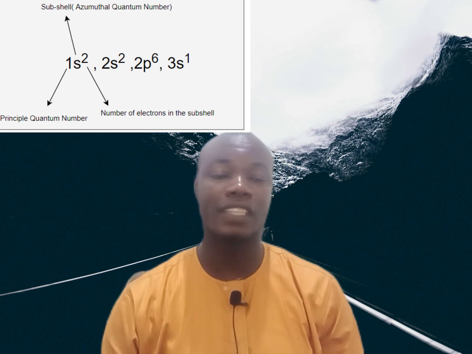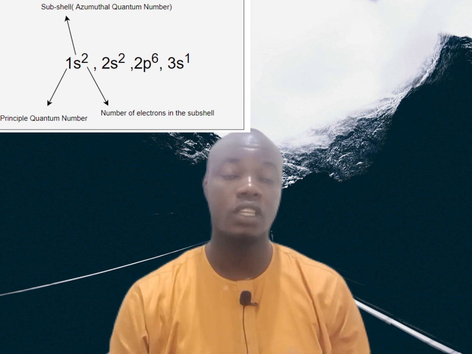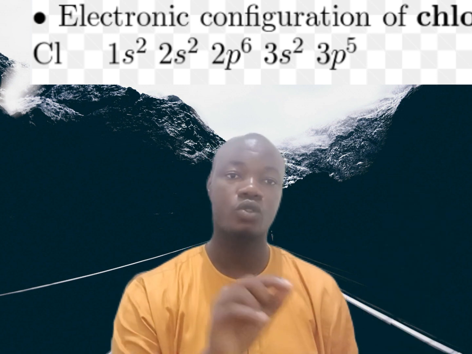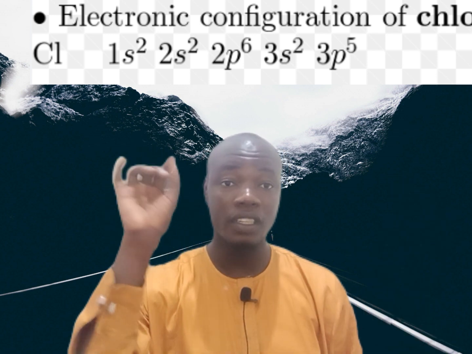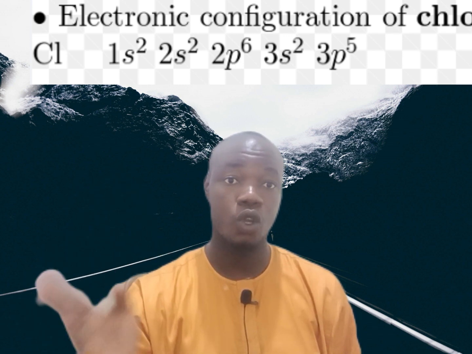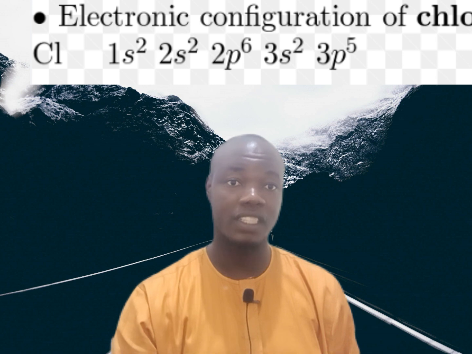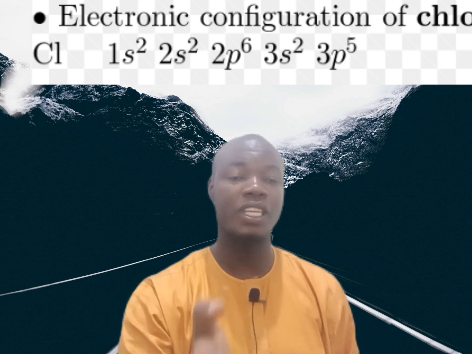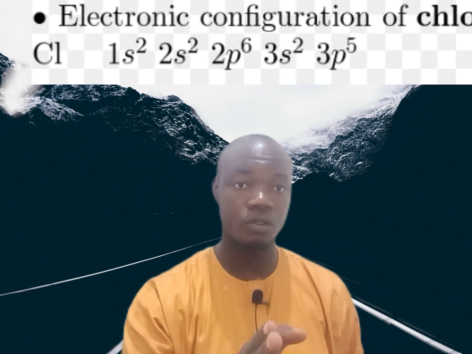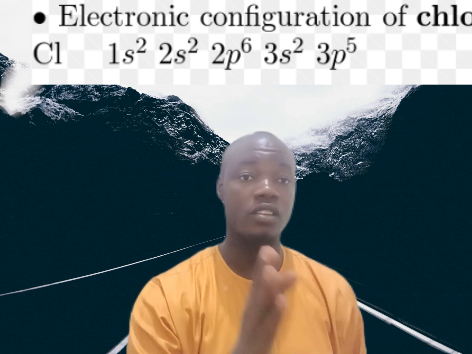Another example is chlorine. Chlorine has atomic number 17. So the electronic configuration is 1s2, 2s2, 2p6, 3s2, 3p5.